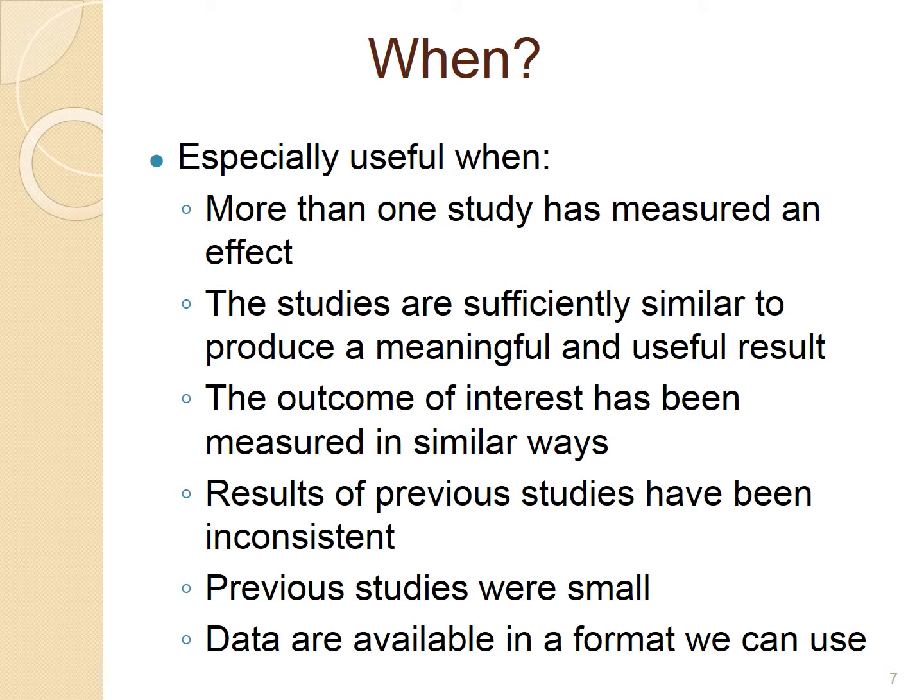So basically, meta-analysis, as we said before, is combining the results from different similar studies. So we can only do meta-analysis when we have studies that are sufficiently similar and have an outcome of interest that has been measured in very similar ways.